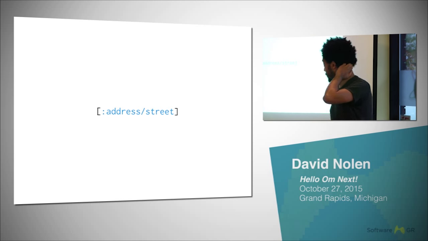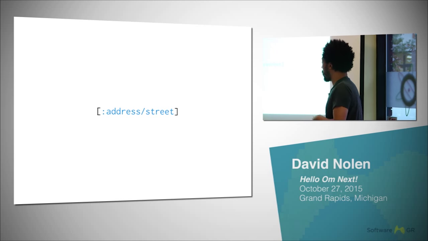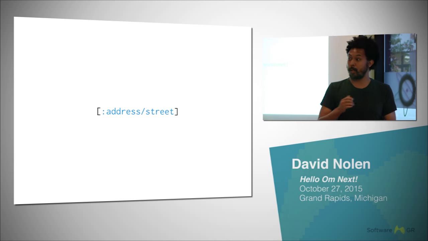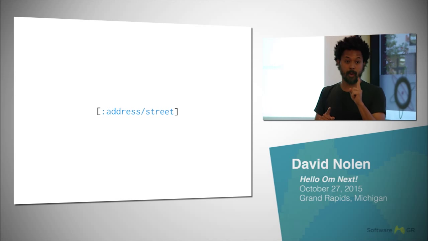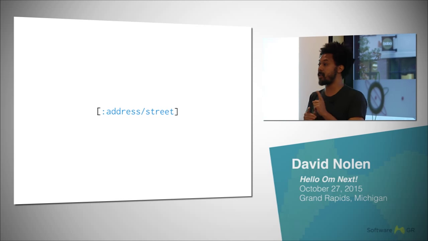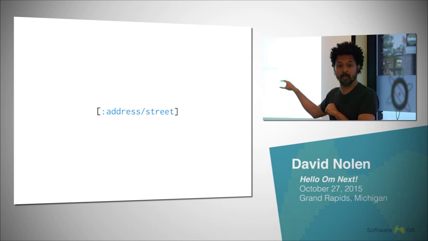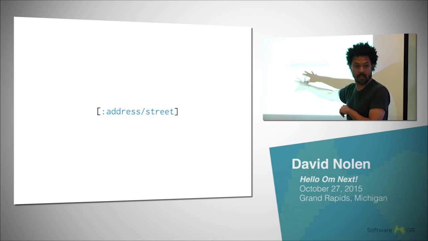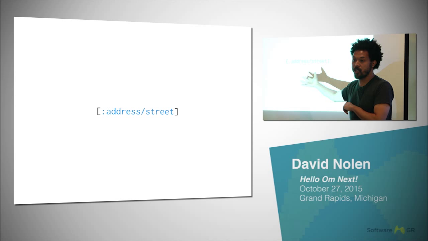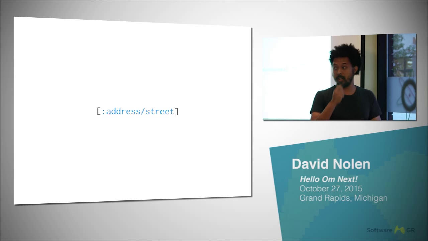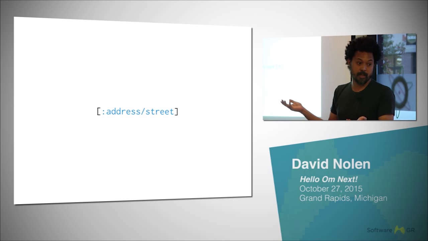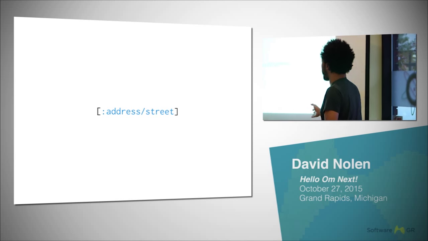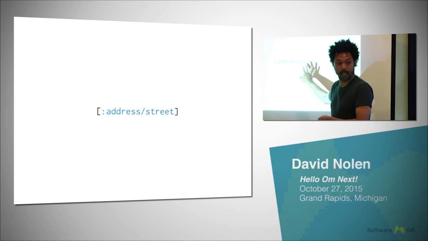So this is what it looks like. There's some remote endpoint, and in this world, there's only one endpoint. The endpoint can basically route on the expression. And what this says is, here's a vector. This is like a JavaScript array. It's a Clojure vector. And I'm saying, I just want to read the address of something, the street address, right? Just give me back the street address. That's all I need.